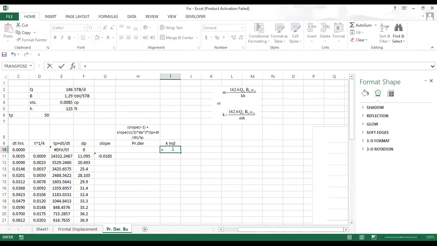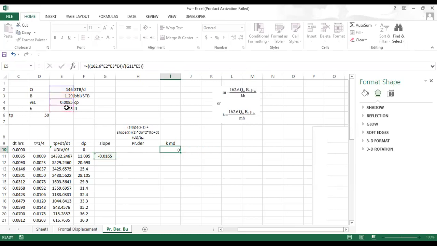As I said earlier, there is no minus symbol, so we are supposed to put a minus symbol here. 162.6 into Q naught, that is this, into B naught 1.29, into mu, that is this value, by slope, that is this, into thickness 125.